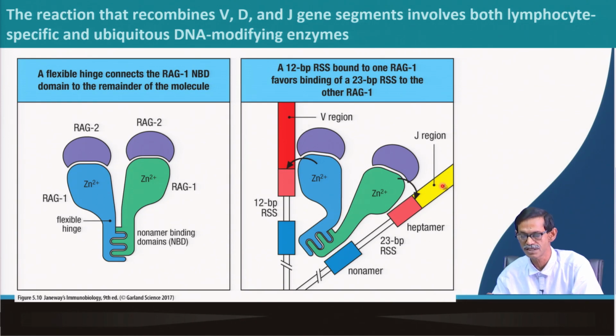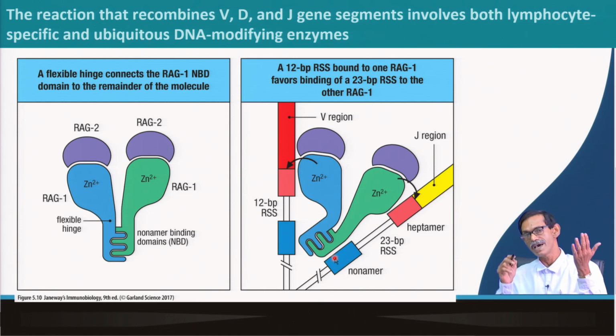So, the V region and J region both have a heptamer. Okay. This region is a heptamer, and of the two heptamers, one is spaced by 23 and the other by 12, as we explained before. So, this RAG1 NBD domain interacts with the nonamer.